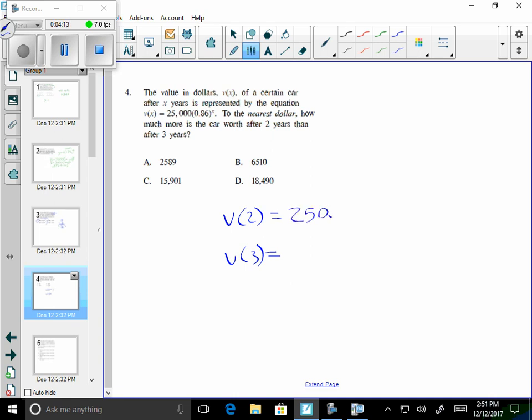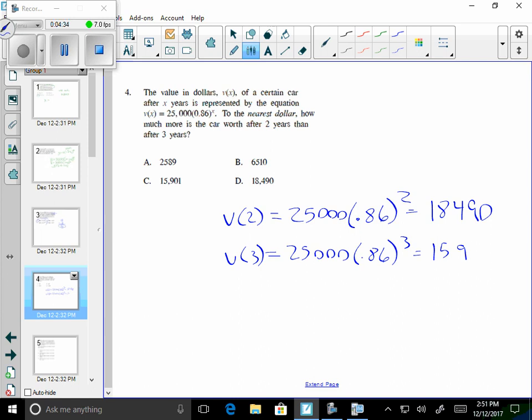So 25,000 times 0.86 to the second gives us 18,490. When we do the same formula for 3 years, we get 15,901.40.